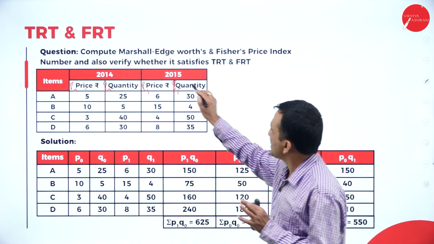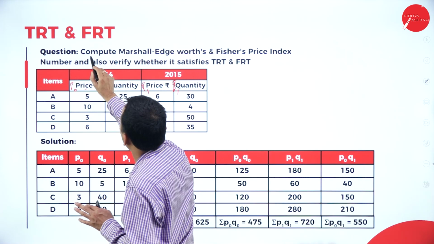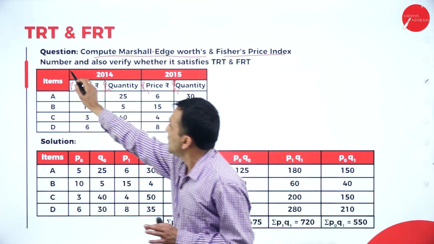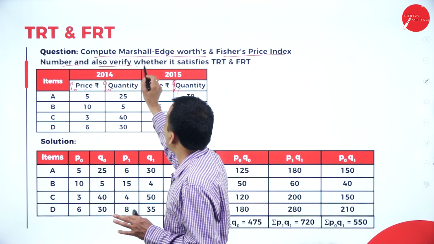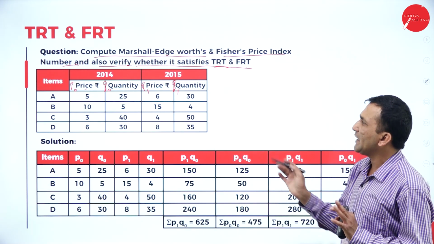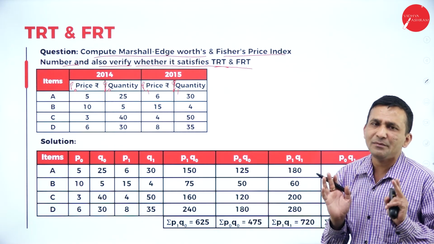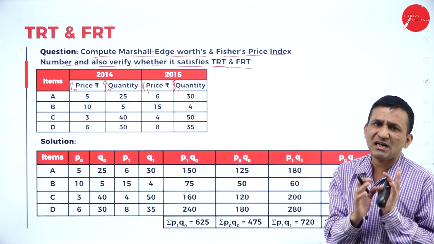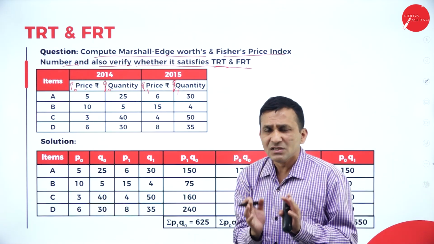The question is: compute Marshall-Edgeworth and Fisher's price index number, also verify whether it satisfies TRT or FRT. So in case of Marshall-Edgeworth only the time reversal is satisfied. In case of Fisher both time reversal as well as factor reversal will be satisfied.